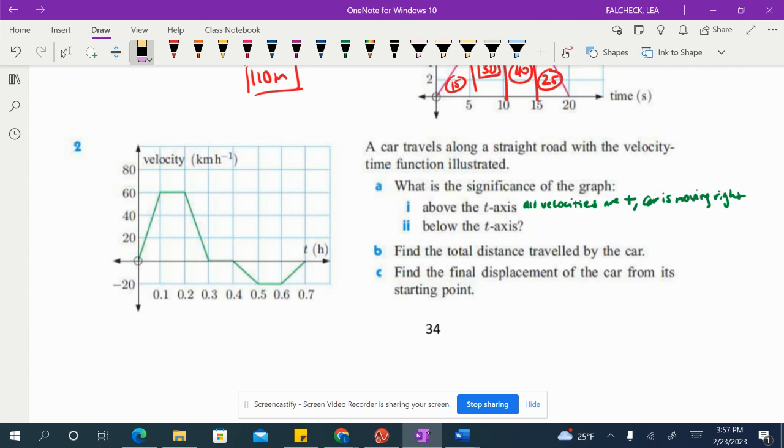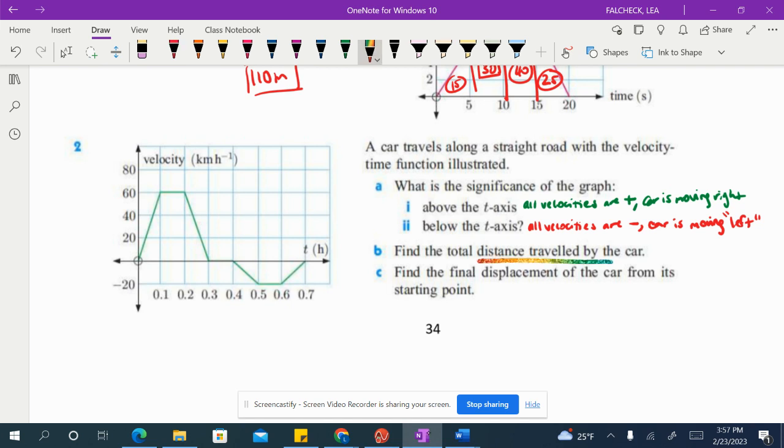Below the t-axis, that means that velocity is negative. The car is moving left.